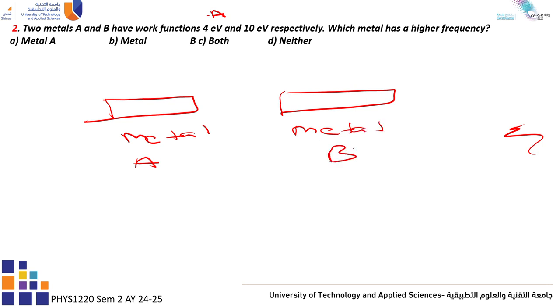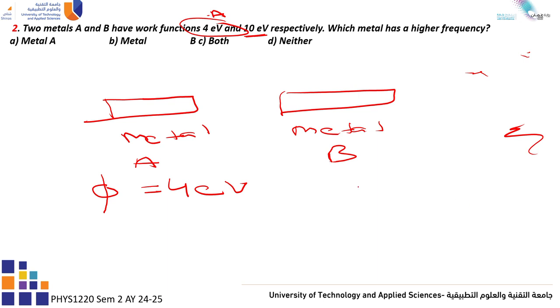So what is given in the question is that the work function of the metal A is 4 electron volt. This is the value. So I am writing here, this is 4 electron volt, and the work function of the metal B is given here as 10 electron volt.